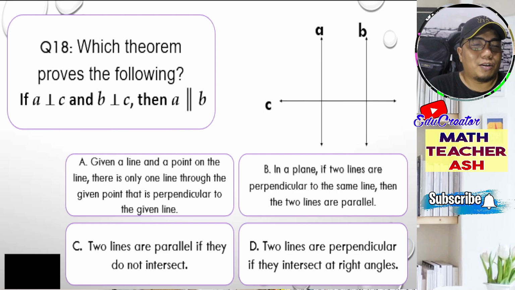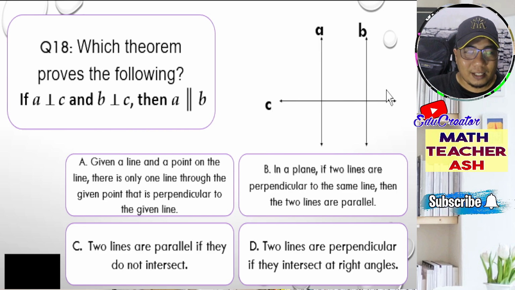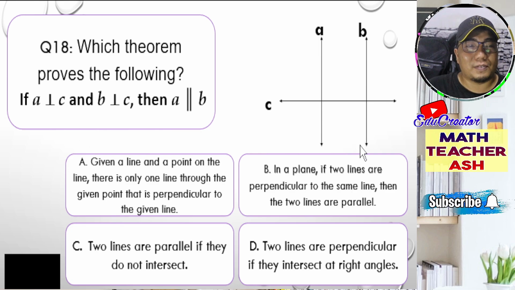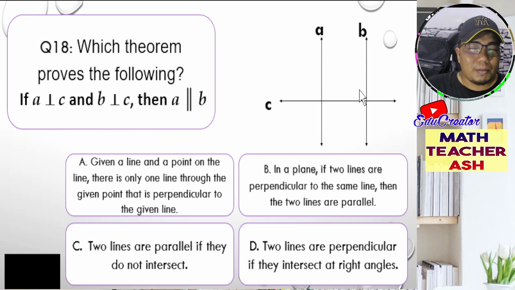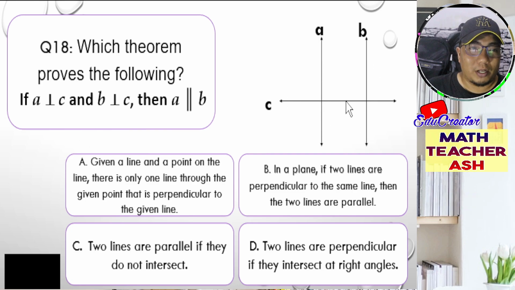Okay, my dear math learners, this question is quite tricky. You need to apply some analysis on this one. In order for line A and line B to become parallel with each other, where line C is the transversal, there should be a consideration that C should be perpendicular to both.